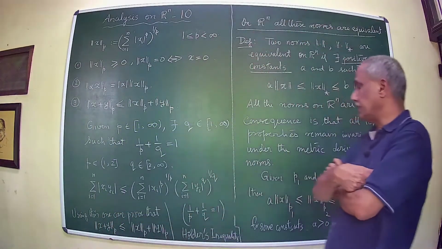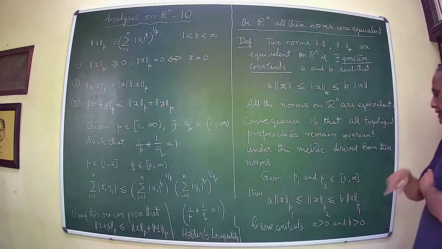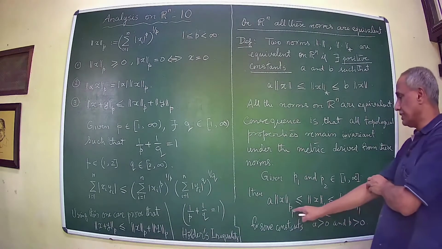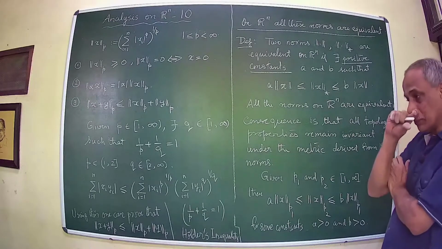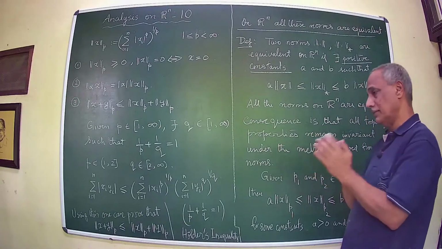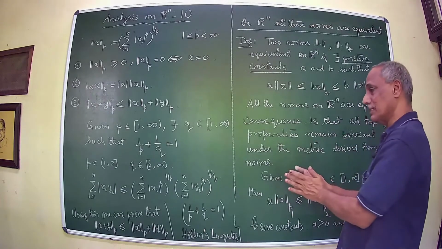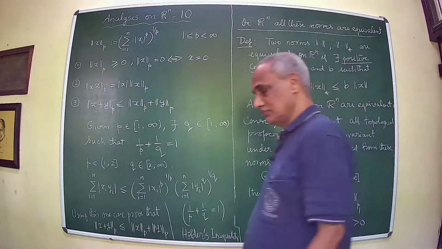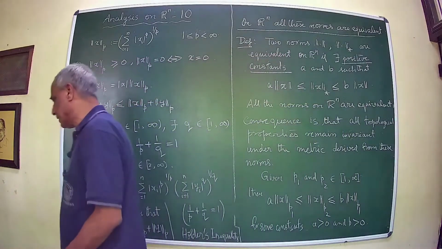If you have a sequence, if this condition is satisfied, then it is easy to see that if a sequence xn converges in the norm P1, then it also converges in norm P2. Okay, that's quite easy to see from here.